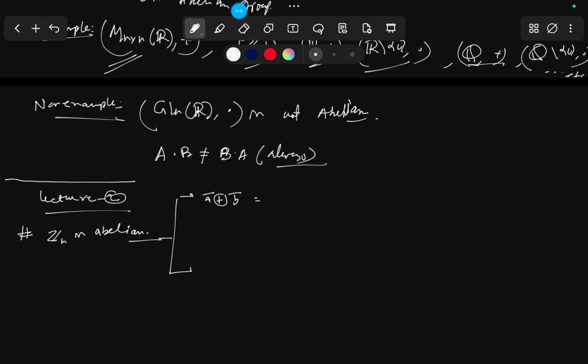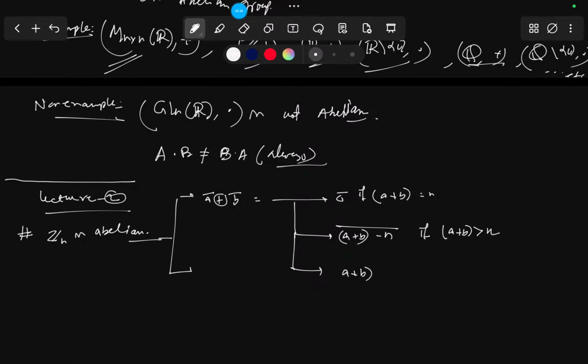It gives you either 0 bar if a plus b is the same as your n, or a plus b minus n bar if a plus b is larger than n, and thirdly it is only a plus b bar if a plus b is less than n.